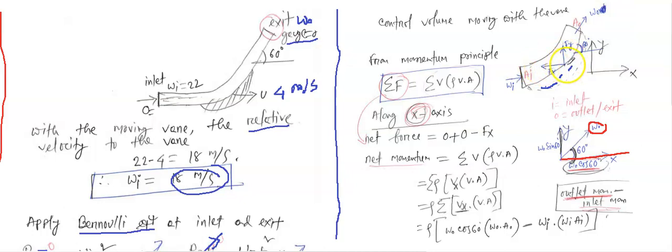Initially this is the positive direction, but the vane will create some opposite force like this way. This is Fx, and the other force Fy like this way. So that's the two things happening here. This is the force by vane on fluid.